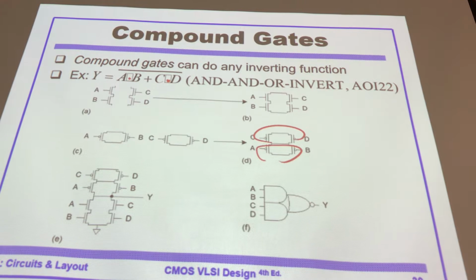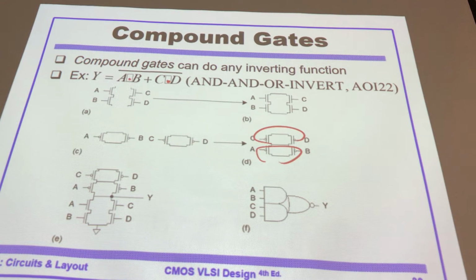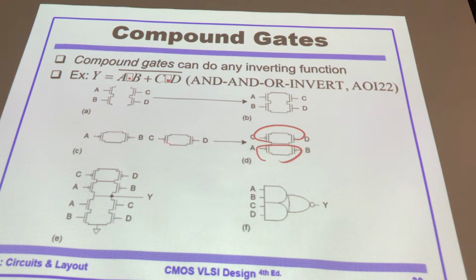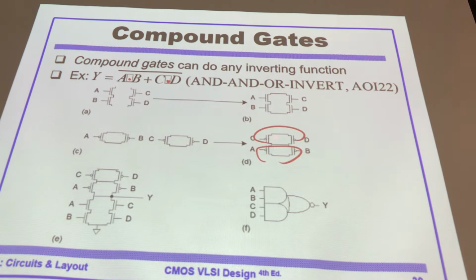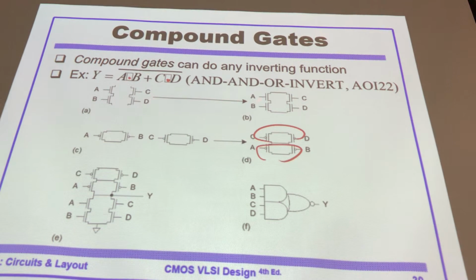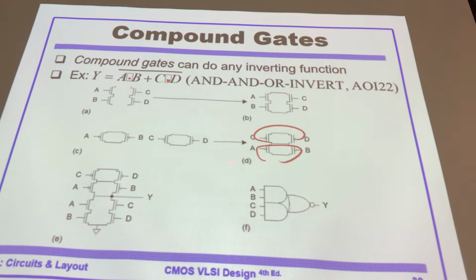Using NMOS transistors. In the pull up network, AB here in serial, then here in parallel, PMOS transistors. CD in serial, CD in parallel. And these two must be serial because these two are in parallel. So that's the resulting circuit for that Boolean function, giving you that Boolean function like that.